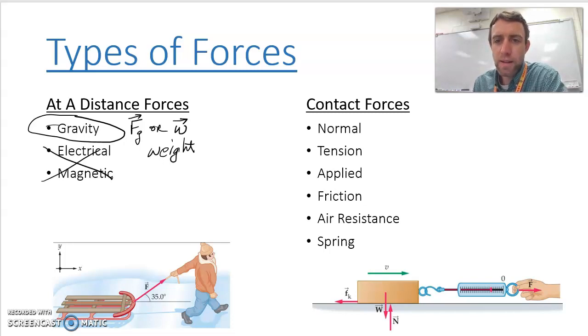These forces over here, contact forces, require physical contact. So normal force, that is just the force of a surface. So if you look down here, the block is being pulled by this spring scale, but the block applies a force down to the ground or the tabletop or whatever it's resting on, and the tabletop supplies a force back up, and that force back up is called the normal force.